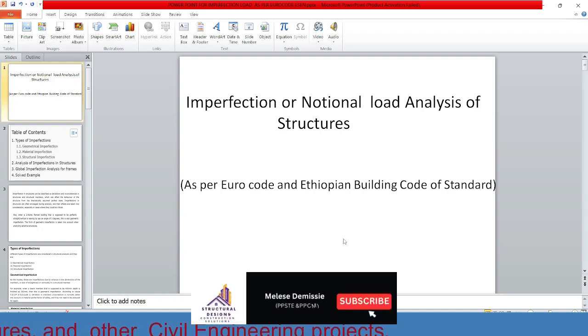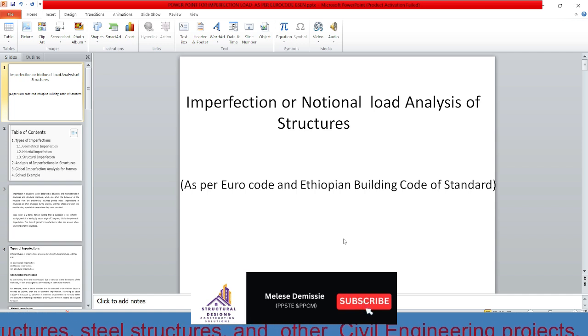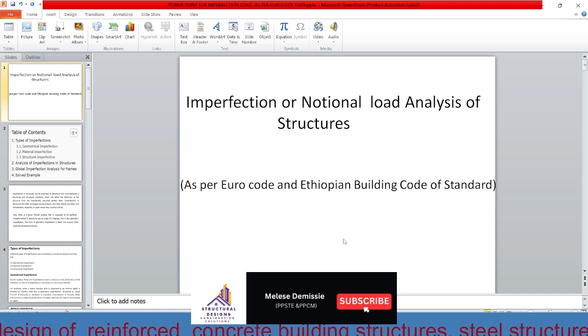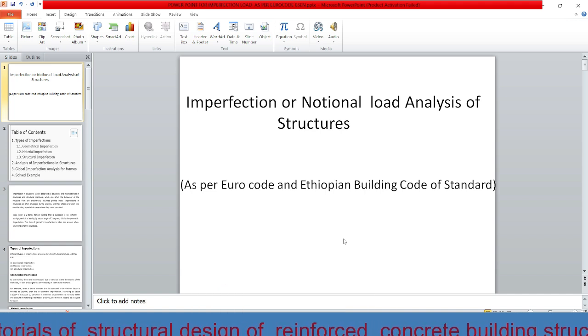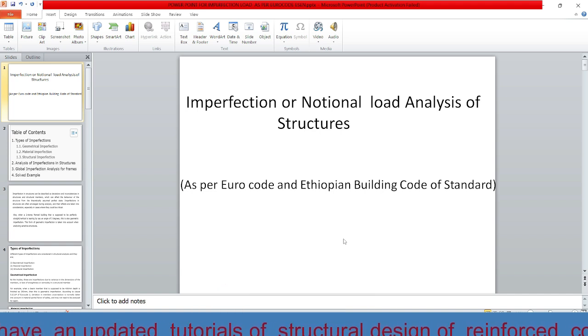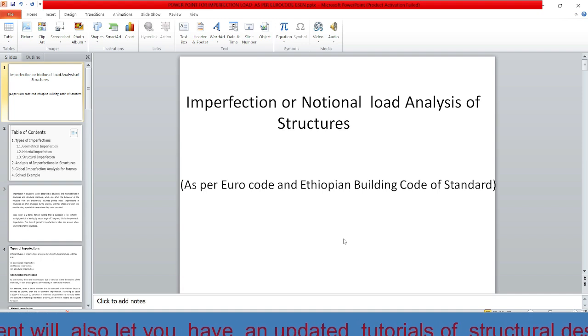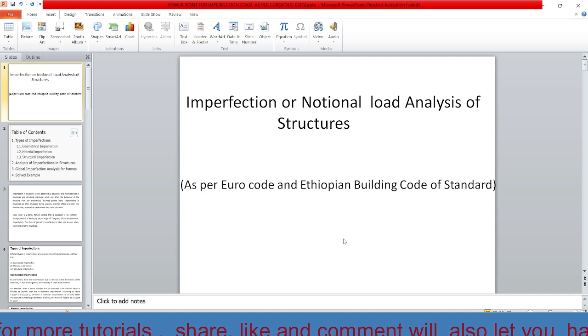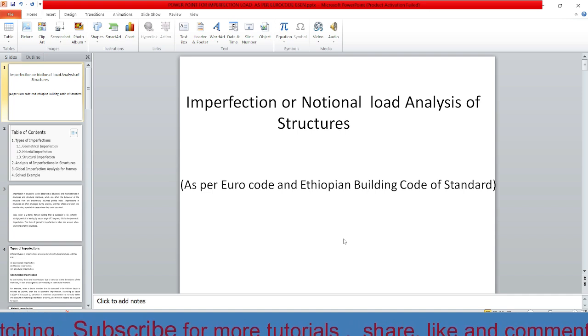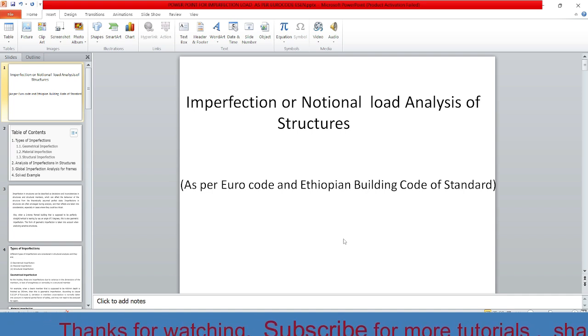My name is Madlasa. Today I'm going to show you a very interesting topic, which is an imperfection or notional load analysis of a 20-story building using ETABS 2016 as per the Eurocode and Ethiopian Building Code of Standard.